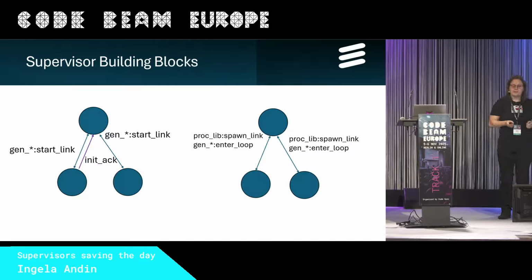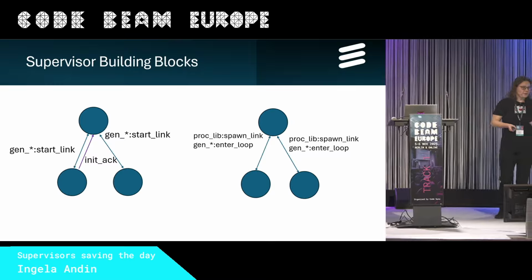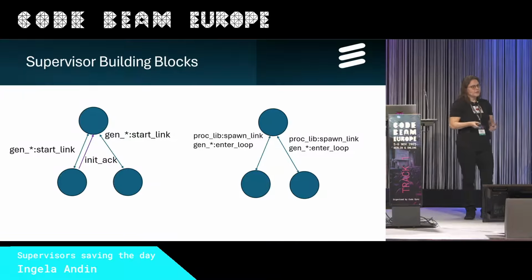So you don't want that. We can work around that by falling back on using the proc_lib library to spawn our process instead of using the gen behavior function to start it. And then we have the behavior enter loop, so gen_statem enter loop or gen_server enter loop, to make our process enter our callback code.